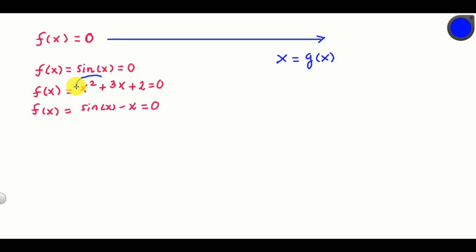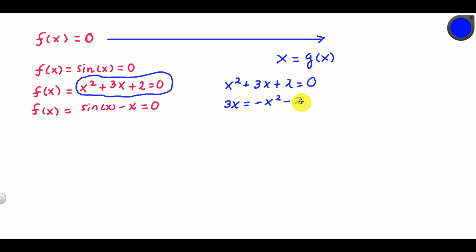How about the second example? Let's transform this example. We have x squared plus 3x plus 2 is equal to 0. Now, on the left-hand side, we need to have x. Consequently, we transform this equation like this: 3x is equal to minus x squared minus 2.